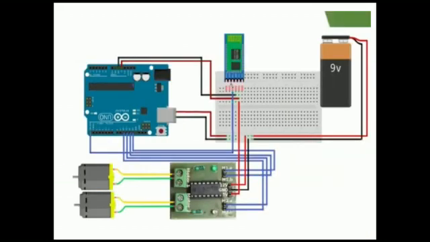Now let's move on to the circuit diagram. In this circuit diagram, two DC motors are connected to the DC motor driver L293D. M1A, M1B, M2A, M2B are connected to the Arduino's digital pins 10 to 13 respectively, and the TX pin of the Bluetooth module is connected with the RX pin of the Arduino.